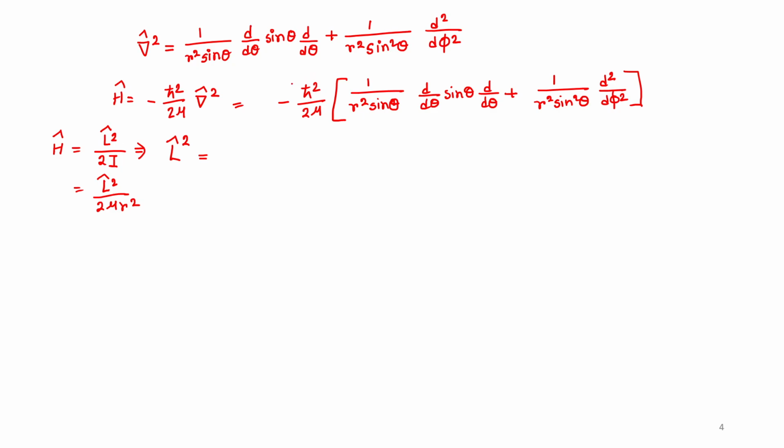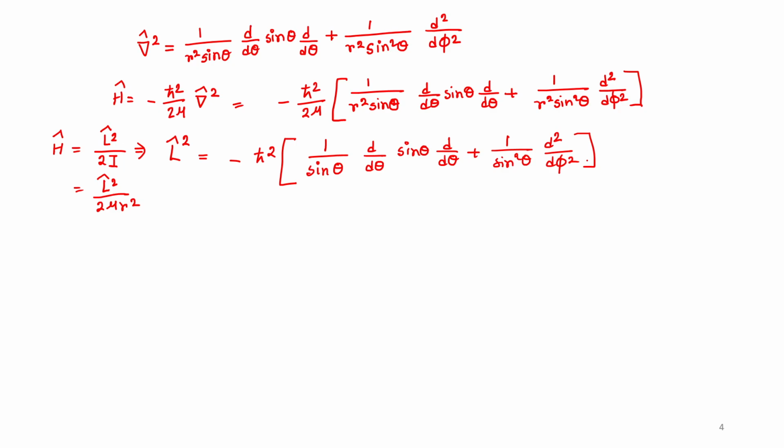I will remove this, and if I multiply, I am going to get h cut square, 2 mu r square is gone, 1 by sine theta d by d theta sine theta d by d theta, plus 1 by sine square theta d2 by d phi square. So this is my expression for total angular momentum.